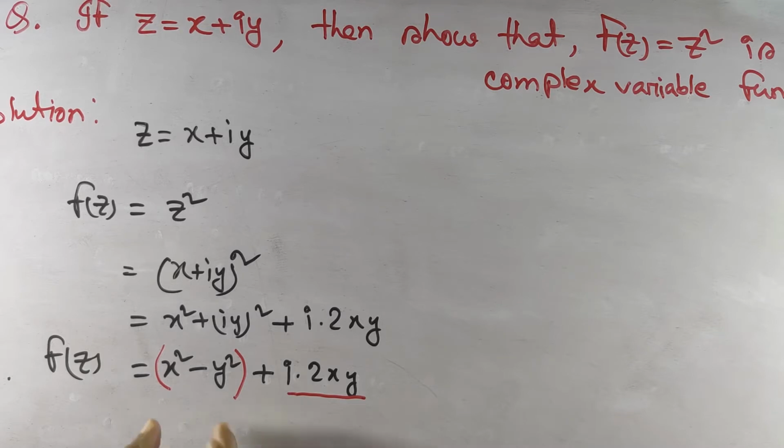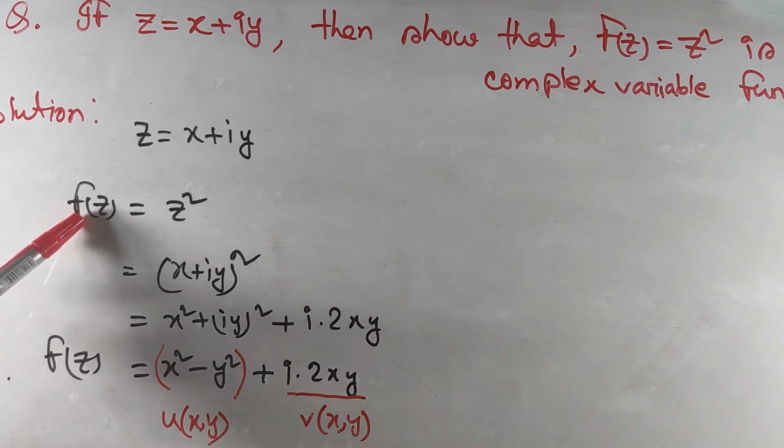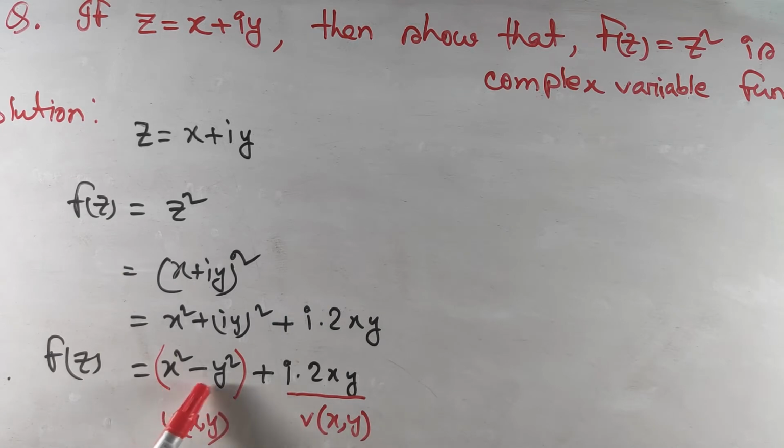We can denote this as u(x, y) and this as v(x, y). This f(z) consists of two parts, where this is the real part, that means a real function, and this is the imaginary function. That's why we can call f(z) a complex variable function.